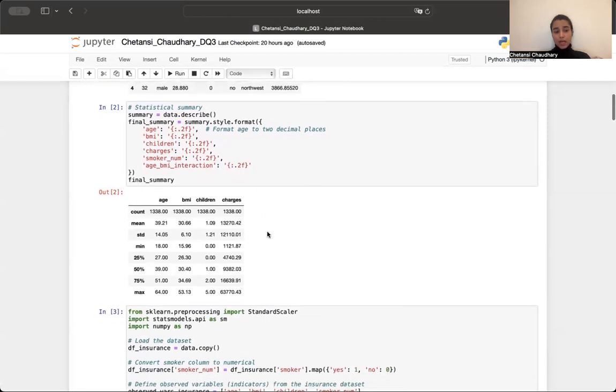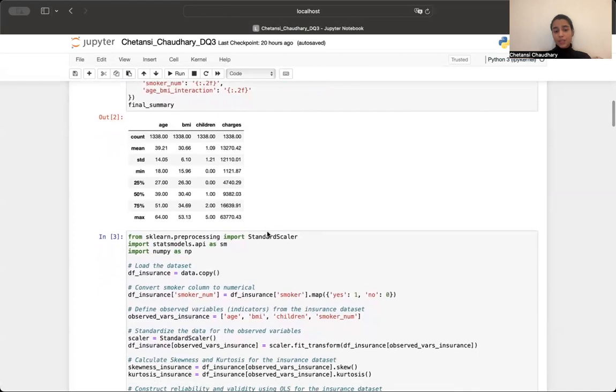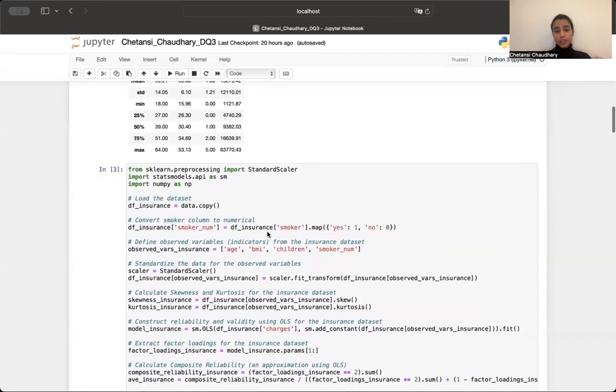So we have got the statistical summary for numerical data. In order to make our analysis more robust, I have conducted some pre-processing tasks. For instance, we have converted one categorical variable, that is smoker, to a numerical one. Additionally, I have also standardized some of our variables, ensuring that they are on the same scale, which is important for certain statistical methods.